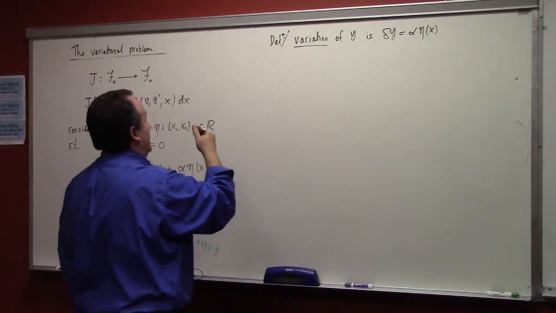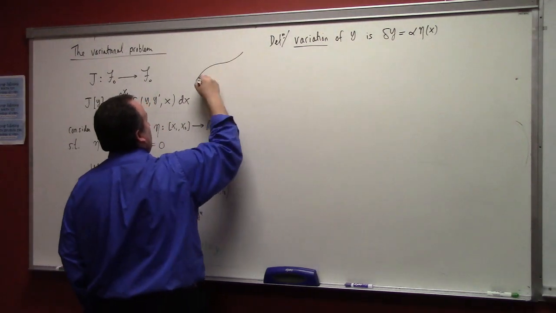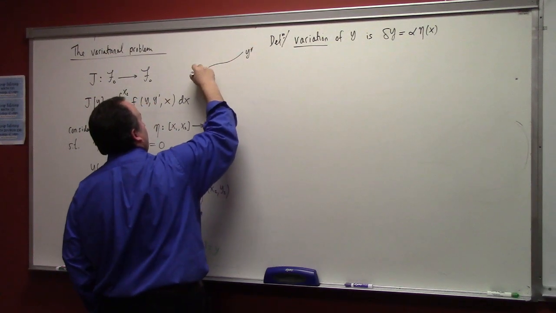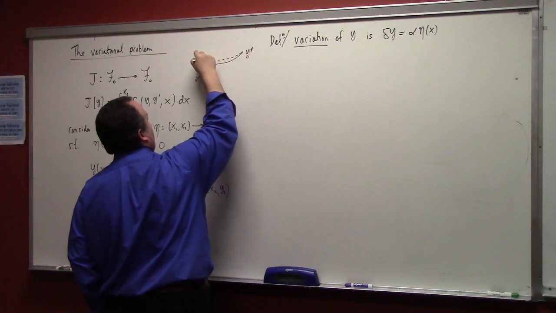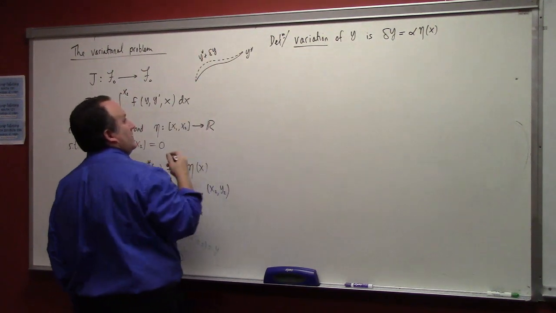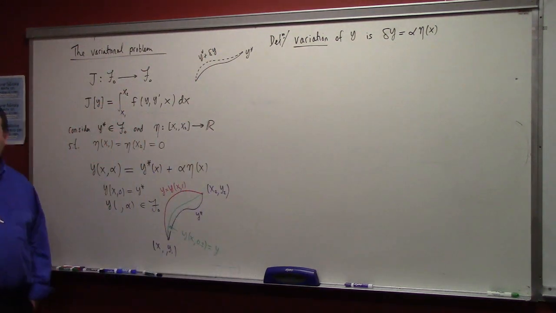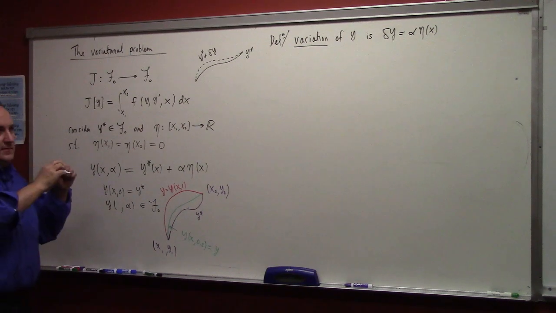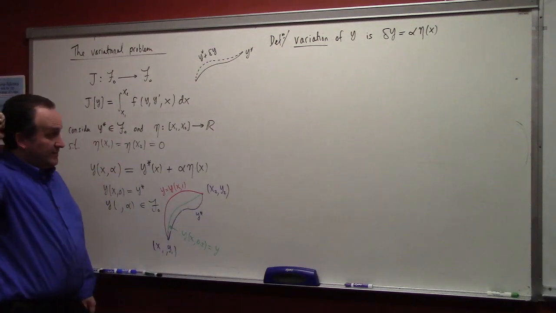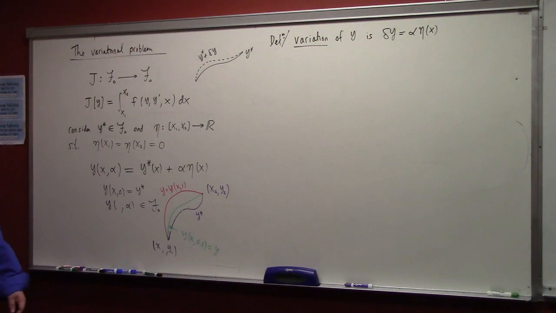In other words, another picture you could draw would be, here's your y star, and up here is your y plus the variation of y. And you're just allowing that variation to be whatever along the path. This eta is completely arbitrary, but we're indexing it by alpha for a fixed eta, all right?